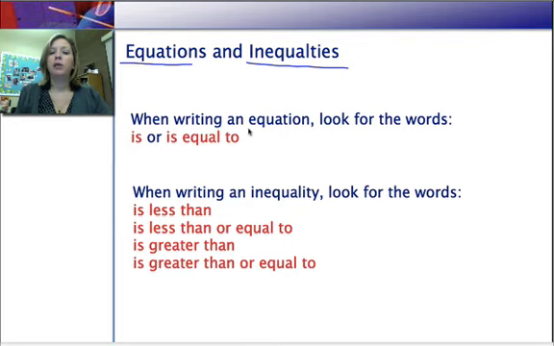Well, when we're writing an equation, I want you to look for the word is, or of course, is equal to. That word is a huge indicator that what we're going to be writing is an equation. If you're lucky, it'll say is equal to, because that's a huge indicator that we use the word equals. But usually, we're just going to see the word is.